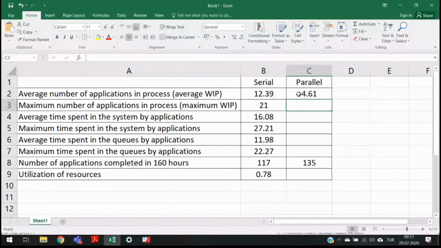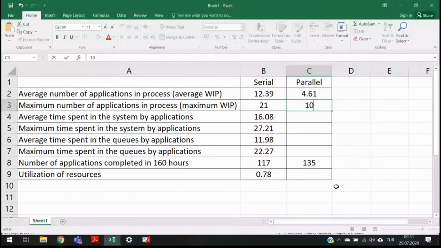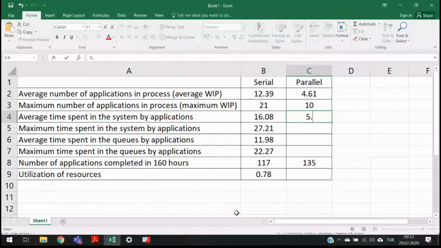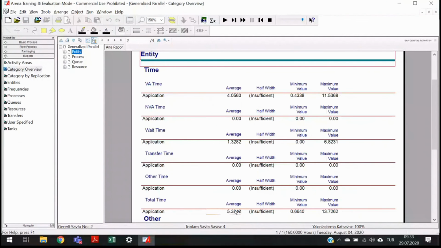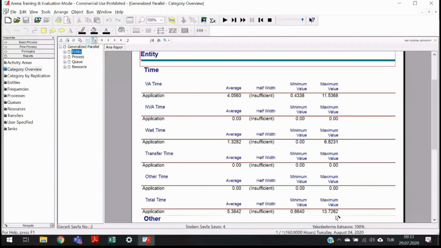The maximum number of applications in the process is 10, so at most 10 people have been observed. Average time spent in the system by applications, total time is 5.38. And the maximum time spent in the system by applications is 30.73, as you can see.